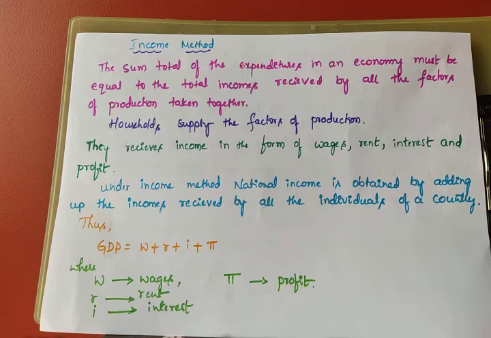Households are the owners of the factors of production, and they receive income in the form of rent, wages, interest and profit. You know that very well. When we use land, we get rent. When we use labor, we get wages. When we use capital, we get interest.